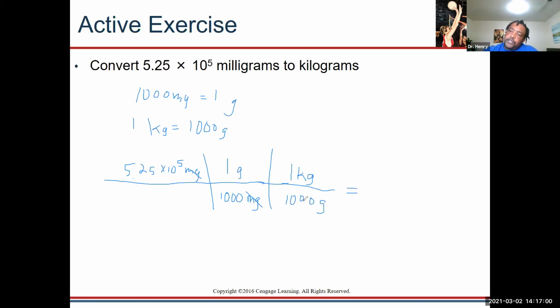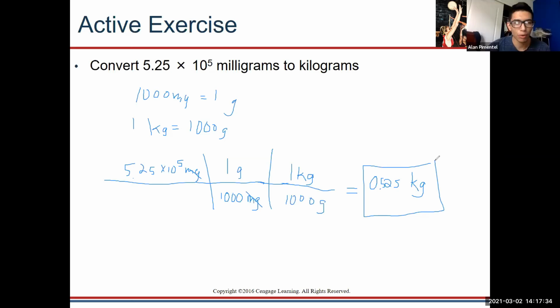So I have 1, 2, 3 zeros, 4, 5, 6 zeros. So then I would have 0.525 kilograms. Piece of cake?